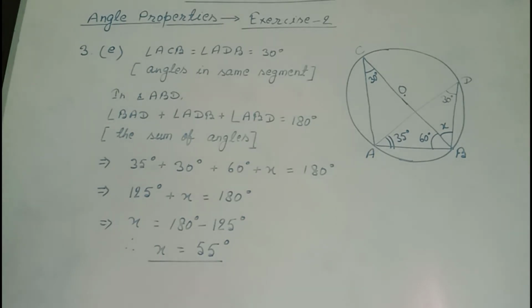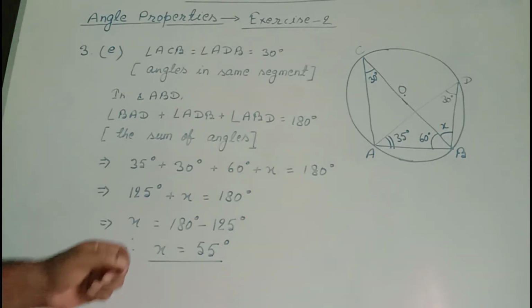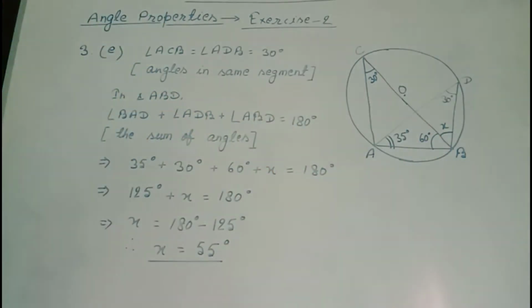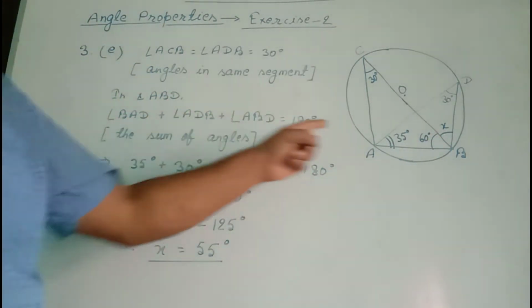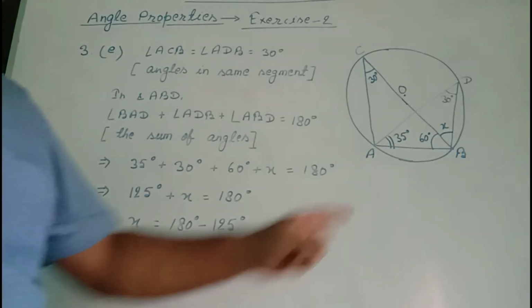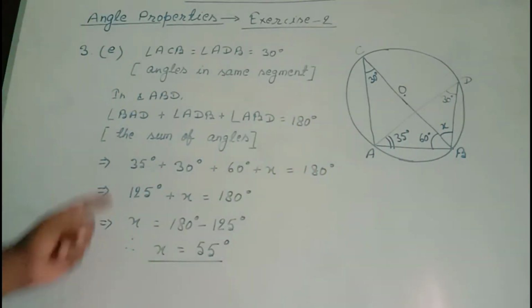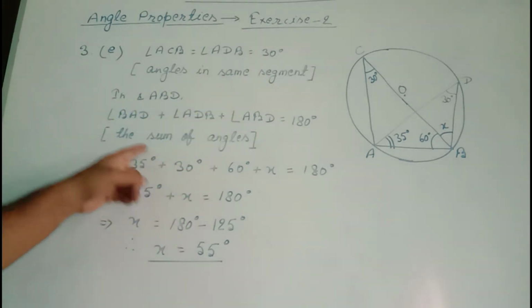In triangle ABD, the sum of these three angles equals 180 degrees. For that I have written angle BAD plus angle ADB plus angle ABD equals 180 degrees. Reason is the sum of angles. These values are given.